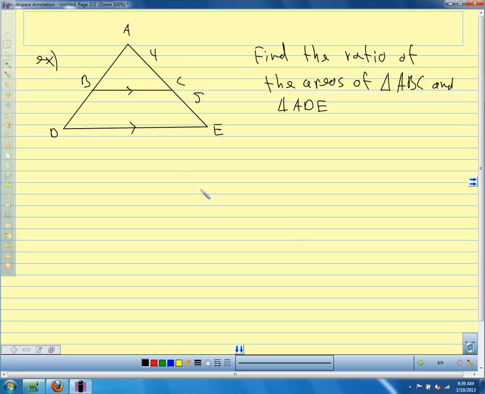Well, we know that these two triangles are similar. These two sides are parallel, so that tells us it divides the sides proportionally. They share this vertex angle, so we know that our triangles are similar. So we can use our rule. So let's find the side ratio.